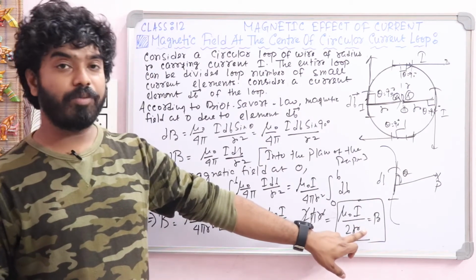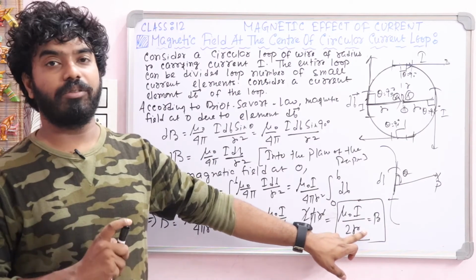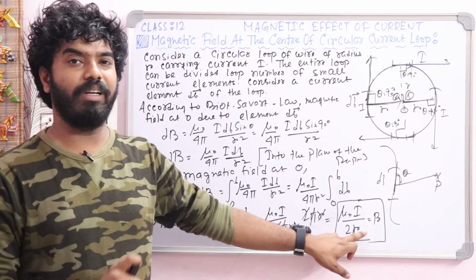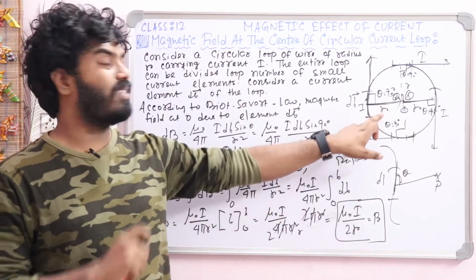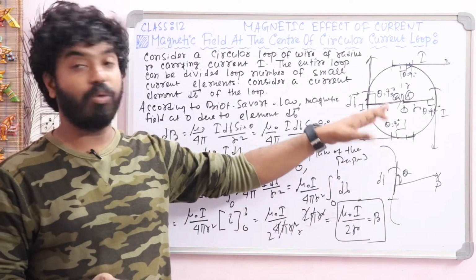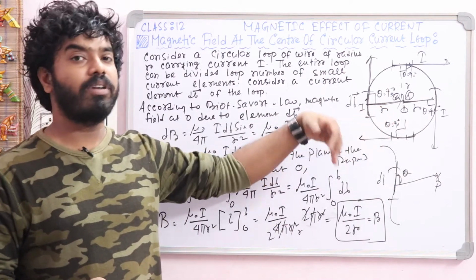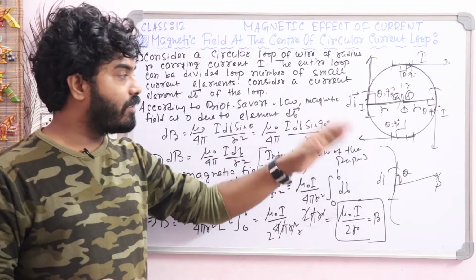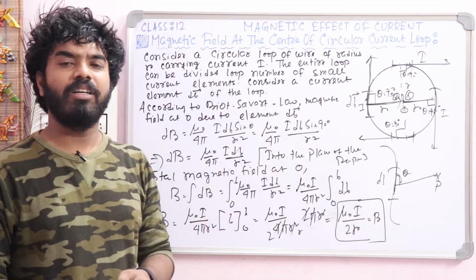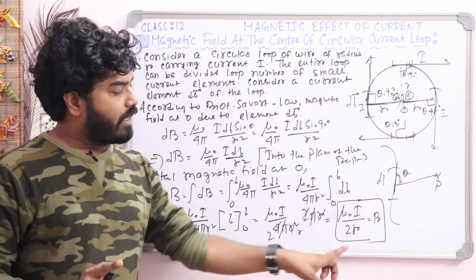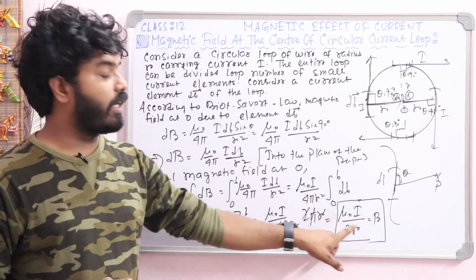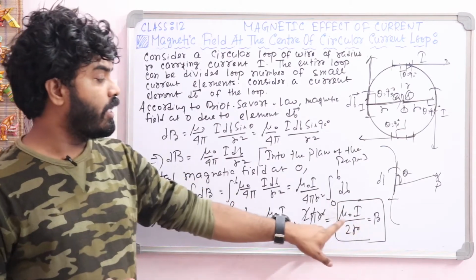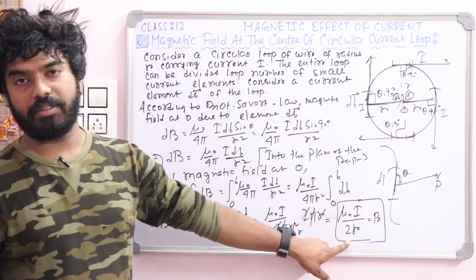By remembering this formula, you can easily find out the expression of magnetic field when this one is a semicircle, when this one is a quadrant. So for this shape, we can easily find out the expression of magnetic field. You have to remember one thing: at the center of the circular current carrying loop, the magnetic field expression is mu naught I divided by 2R.